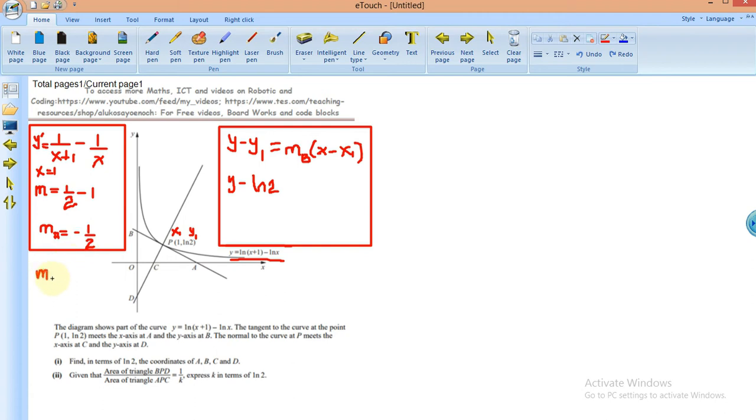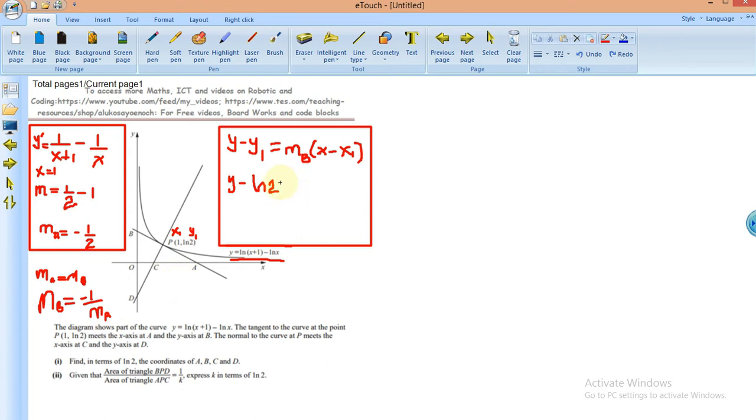If it's tangent, mA equals mB. Don't forget. But if it is perpendicular, mB will be minus 1 divided by mA, the negative inverse of the first gradient you have, which is this one. So I don't need to quote this again.